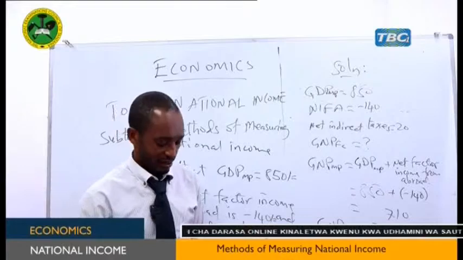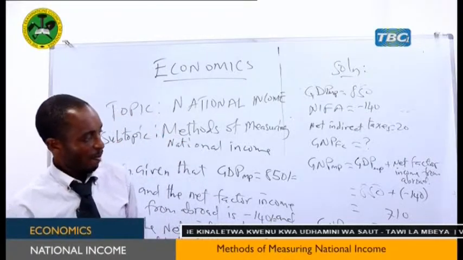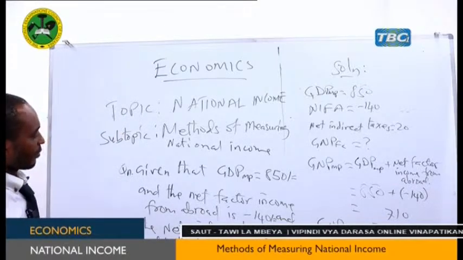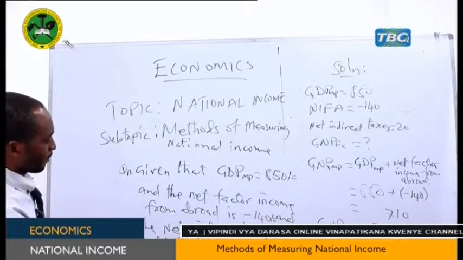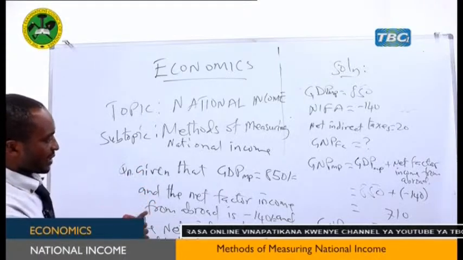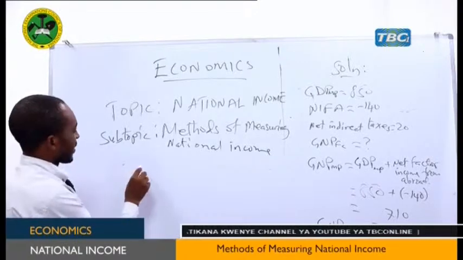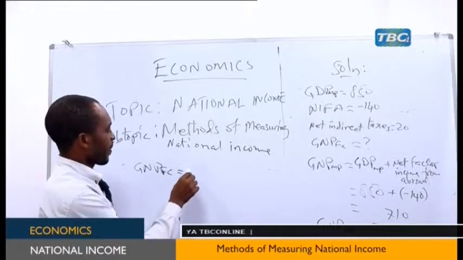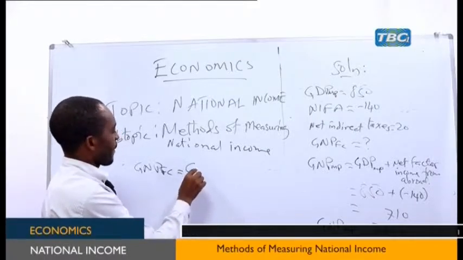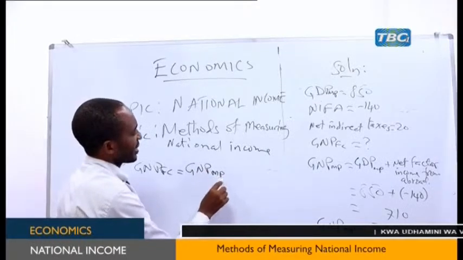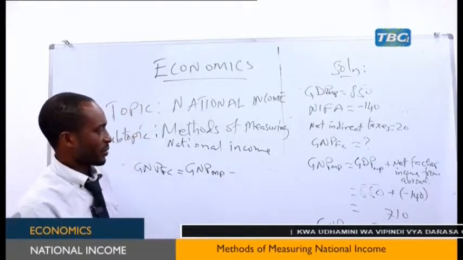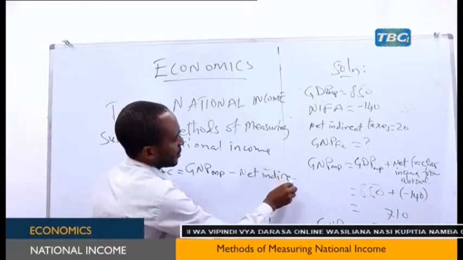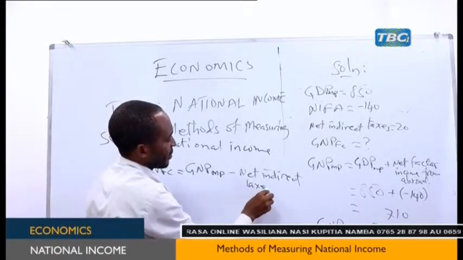But we are asked to calculate the GNP at a factor cost. Now the GNP at a factor cost will be equal to, I hope you take note in this problem, the GNP at a factor cost equals GNP at a market price, you less or you subtract net indirect taxes.